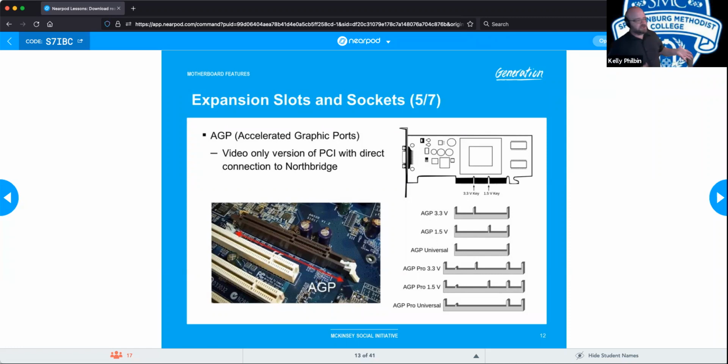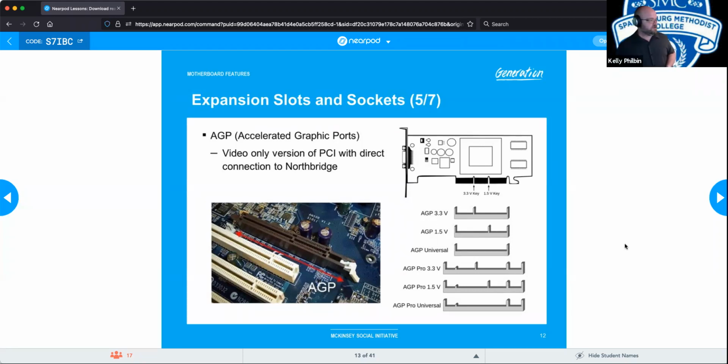It ended up being a short-lived bridging technology between the PCI and the PCIe. Unlike the PCIs, which were connected to the South Bridge, which we will get into in a little bit, these were connected to the North Bridge, which is a much faster connection. And so it allowed for more realistic graphics and things of that nature.